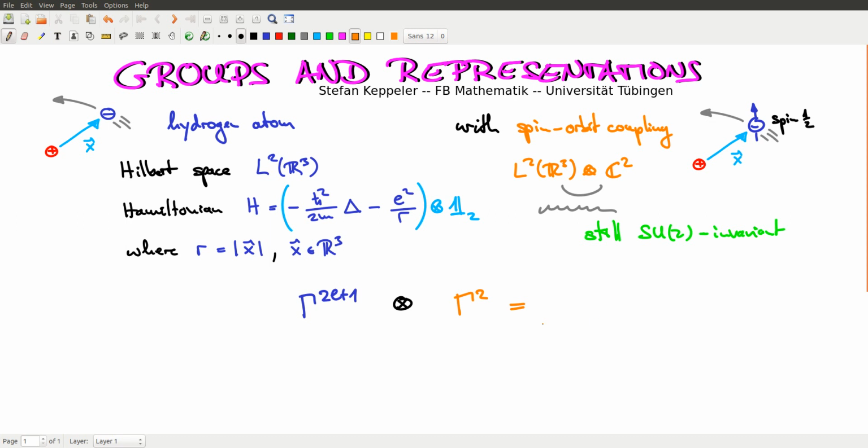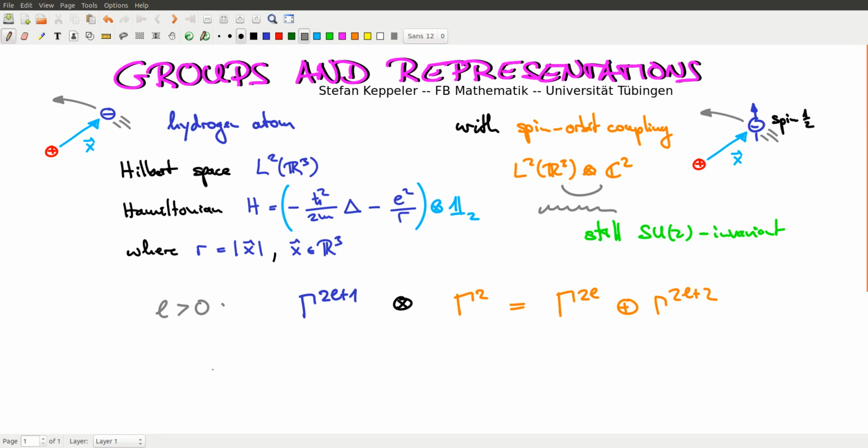We will learn much more about irreps of SU2 later, and we will see that this tensor product here can be decomposed into a 2L dimensional and a 2L plus 2 dimensional irrep. At least that's true for L greater than 0.